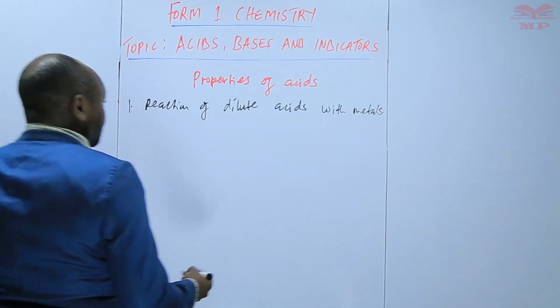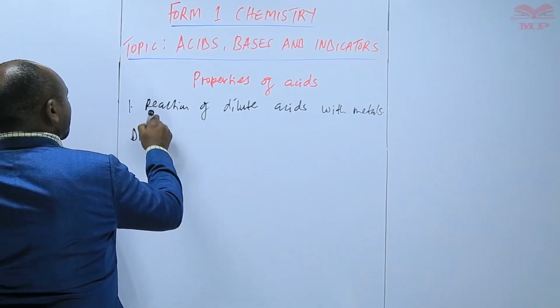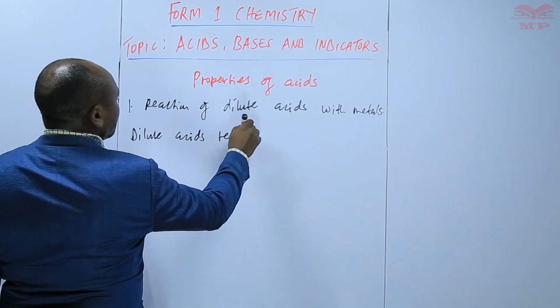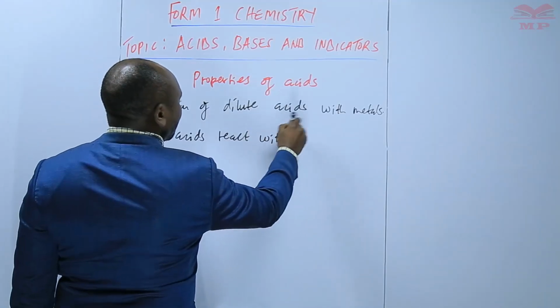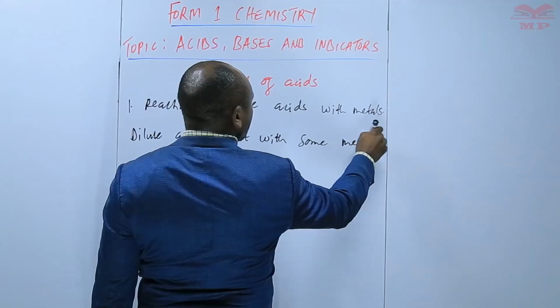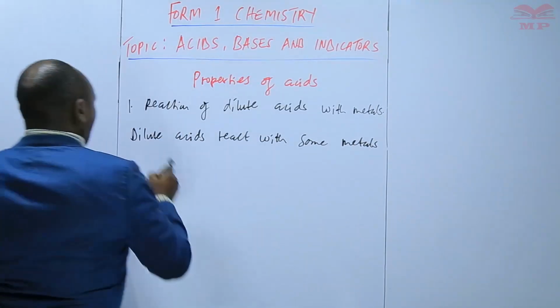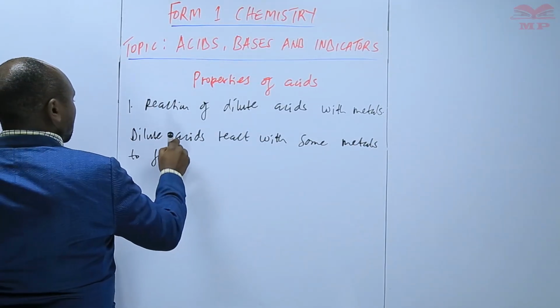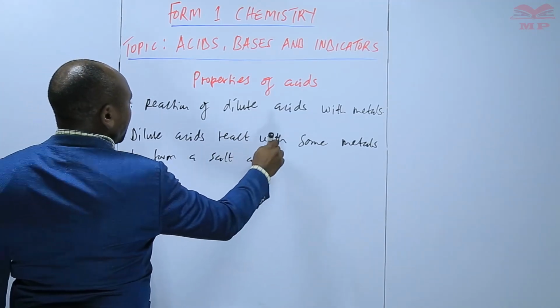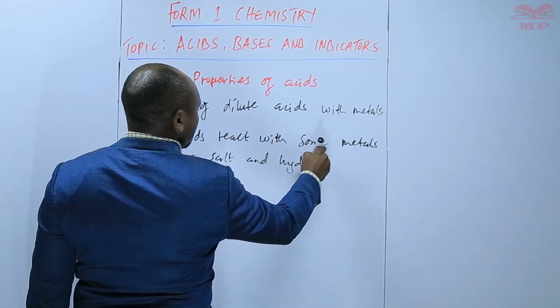So you can say that dilute acids react with some metals, not all metals, some metals, to form a salt and hydrogen gas.